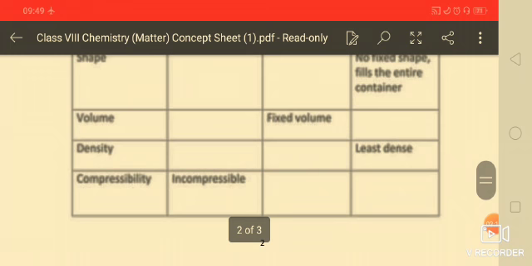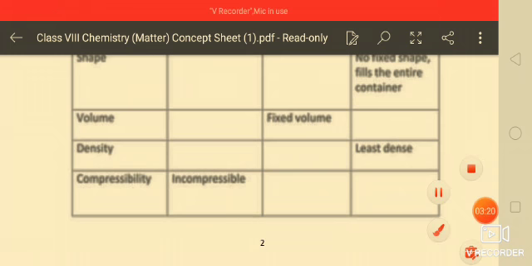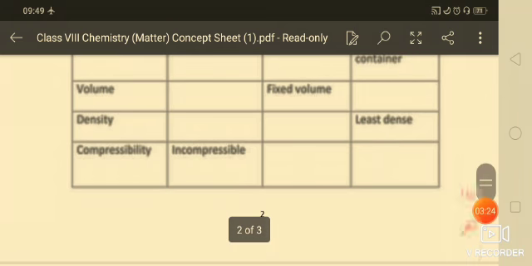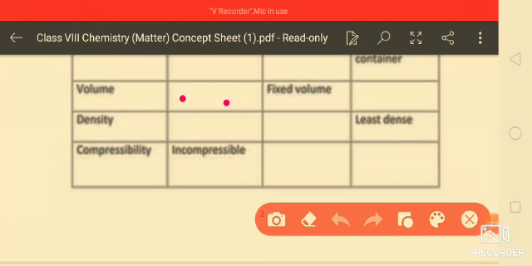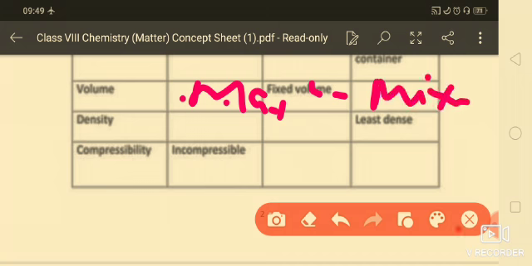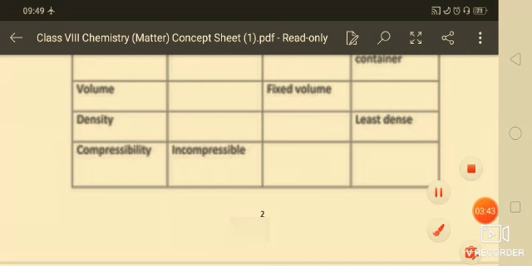Solid has fixed volume, liquid has fixed volume, but gas has no fixed volume. And density: in solids the particles are much closer, so density is maximum, but in liquid the density is less than solid but more than gas, and in gas the density is minimum, that means very low density.